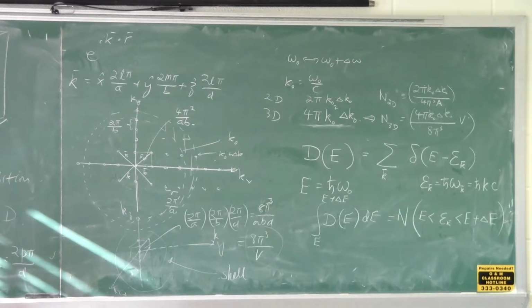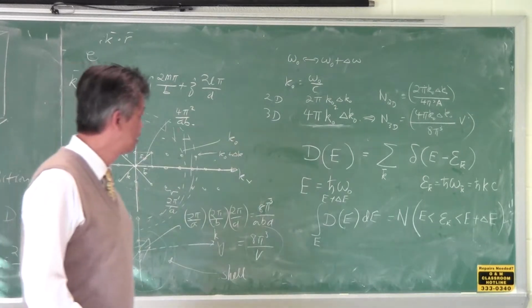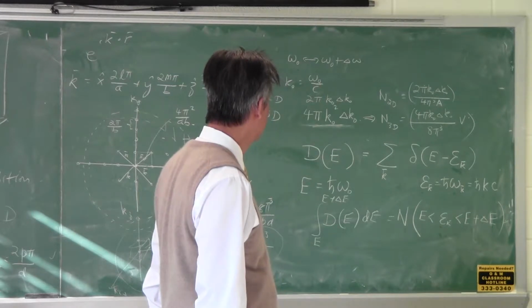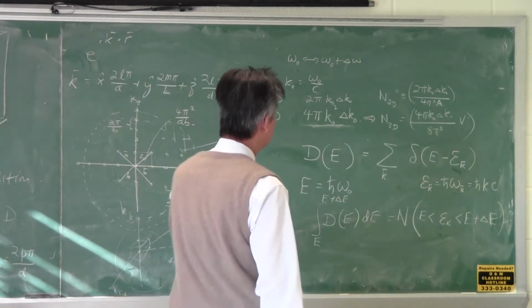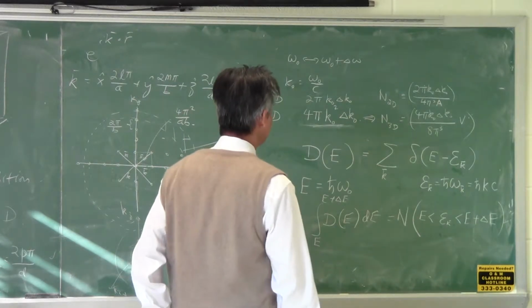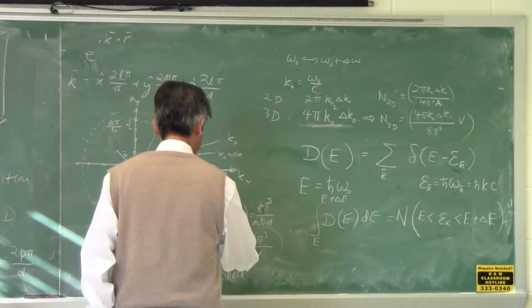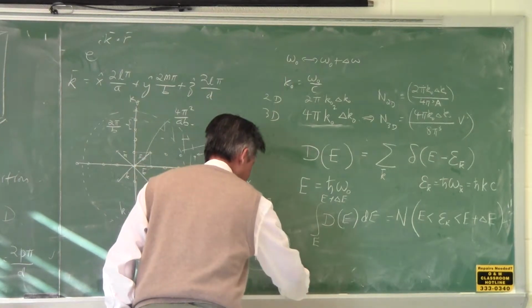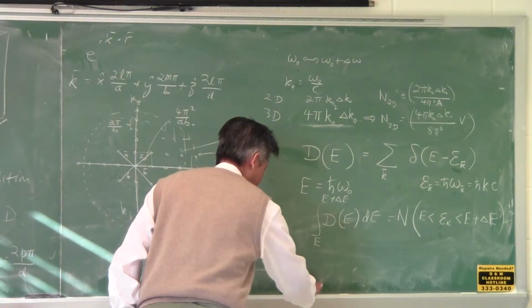Okay, if not, then I'd like to see a, yes, yes. Yeah. Dividing by A and in 3D multiplying by V. What is that? Is the V in the denominator or in the numerator? Should be in the numerator, right? Because this is the size of delta V k in the k space.